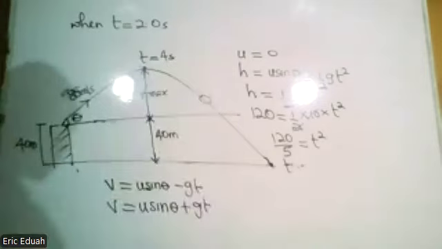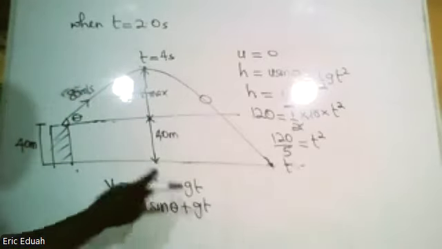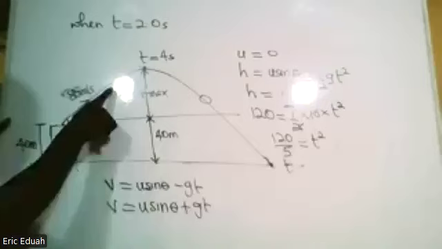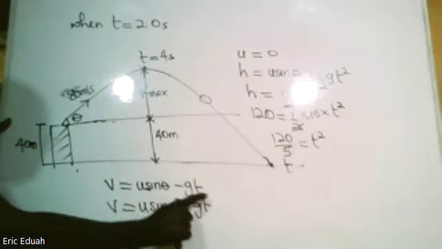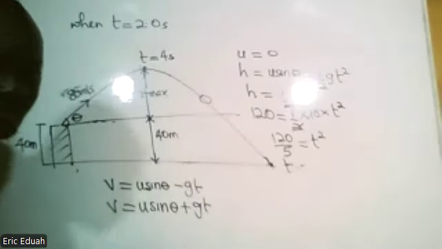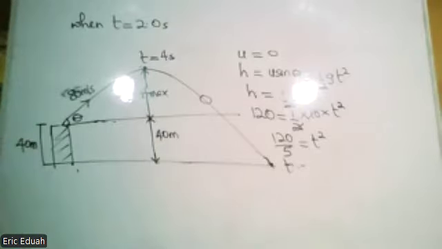The body decelerates when it is going up and accelerates when it is coming down. But how would you know whether it is deceleration or acceleration? You need to check the time given. If the time given is less than the time taken to reach the maximum height, then the body is not yet at the maximum height. If the time given is more than the time taken to reach the maximum height, then it is accelerating, dropping down.